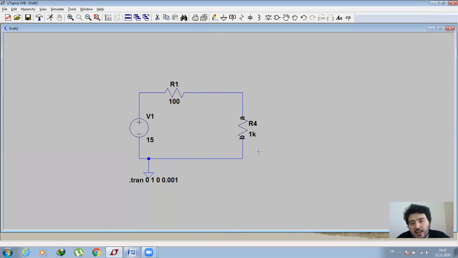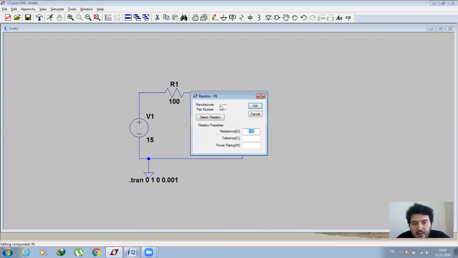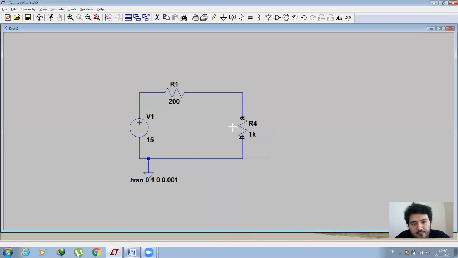As you can see, my load is here, and I need my Thevenin resistance. I took my notes. If I divide my Thevenin voltage by my Thevenin short circuit current, I will obtain 200 ohm as my Thevenin resistance.